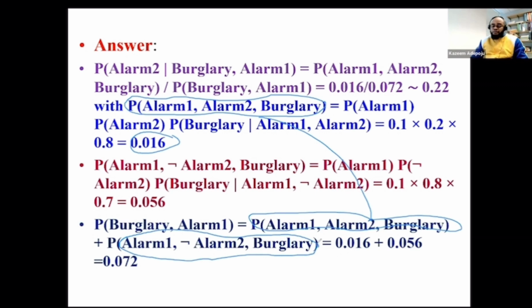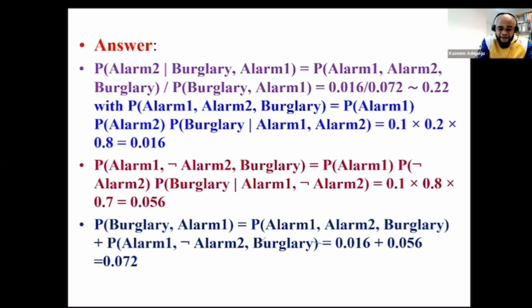The probability of alarm 1, the complement of alarm 2, and the burglary. What am I going to do? If I really want to figure that out, that is what I'm doing here.